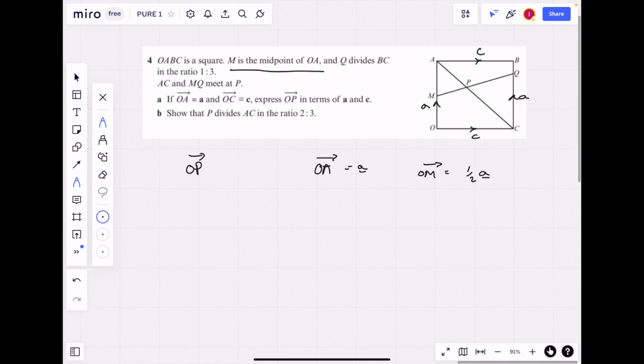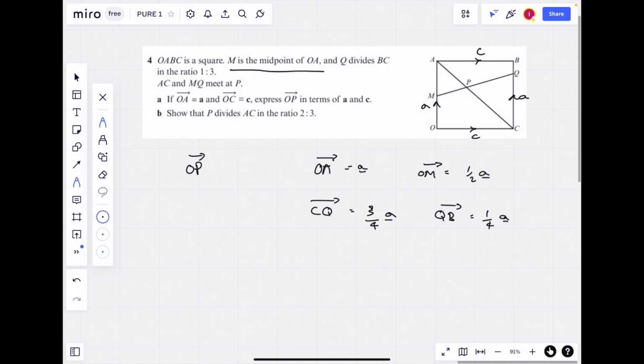Q divides BC in the ratio 1 to 3. Right. So that means CQ is going to be 3/4 of A, and QB is going to be 1/4 of A. Cool.